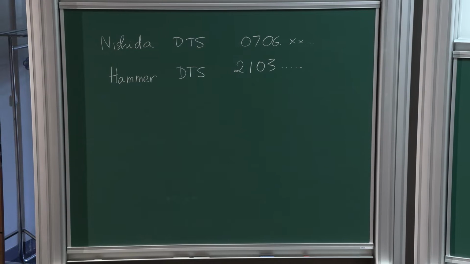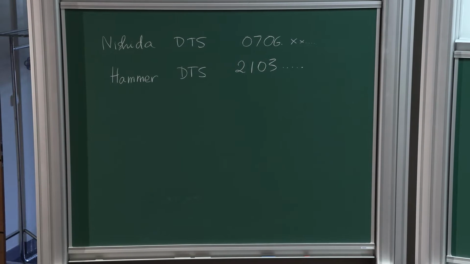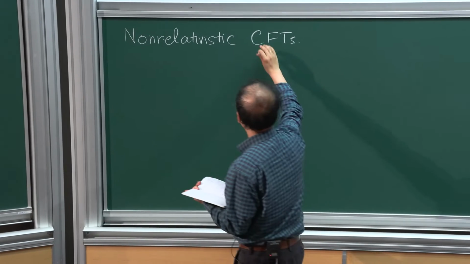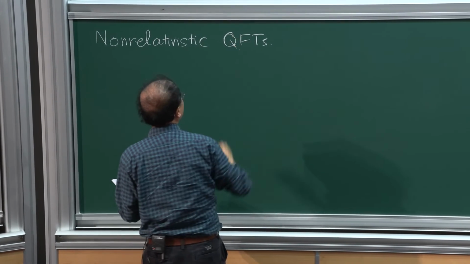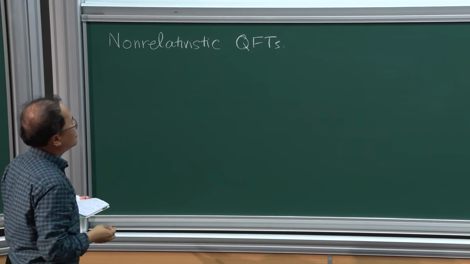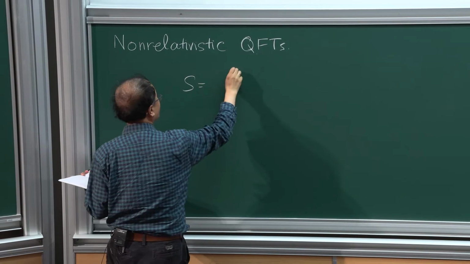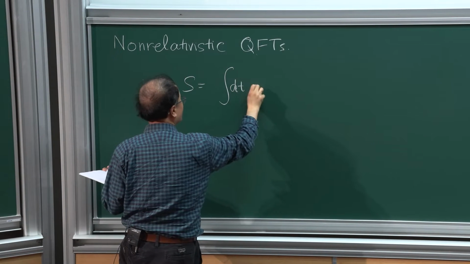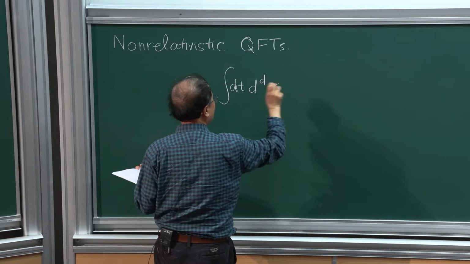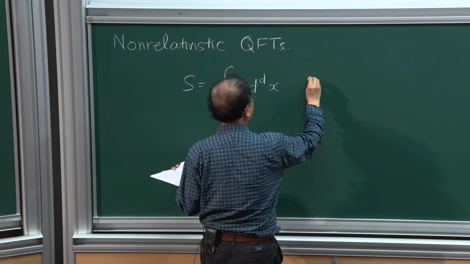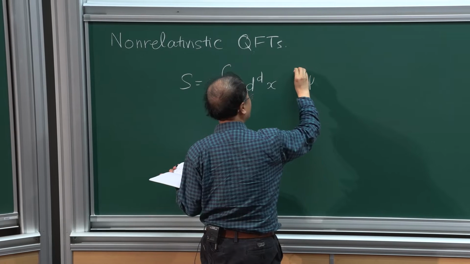So before we start with conformal field theories, let us review the non-relativistic QFTs. Okay, so the simplest one first. Let's consider a theory that is described by the following action.